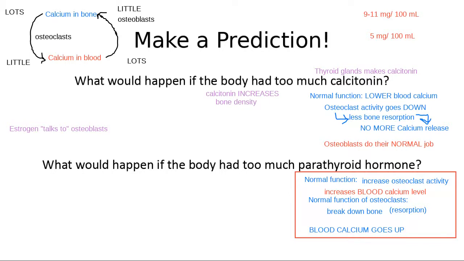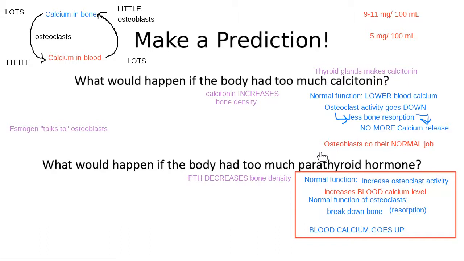So parathyroid hormone, I'm going to abbreviate it PTH, decreases bone density, because I'm stealing all of the calcium that's in my bone to put it into the bloodstream. So if I had too much parathyroid hormone, my bone density would go way down. It could give me osteoporosis. If I had too much calcitonin, we'd be on the other end of the spectrum, where we end up building extra bone tissue. It's a little bit more dense, if you will.